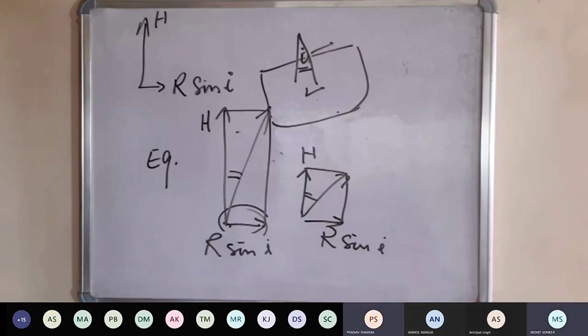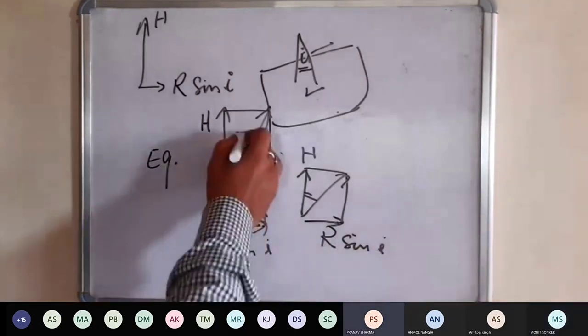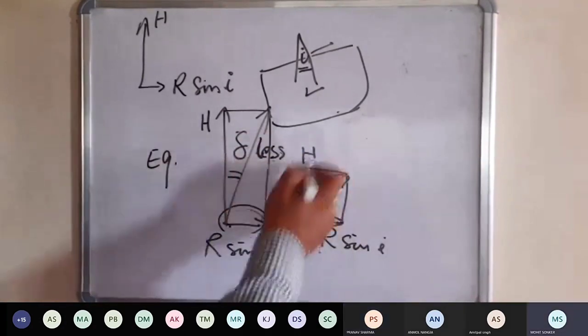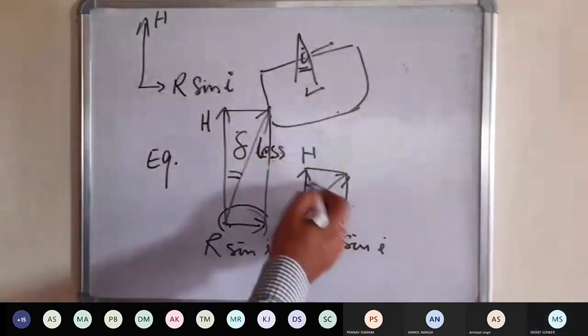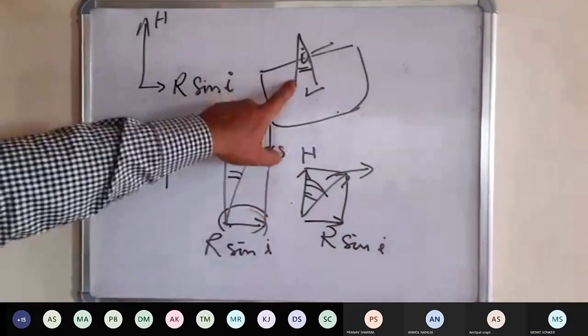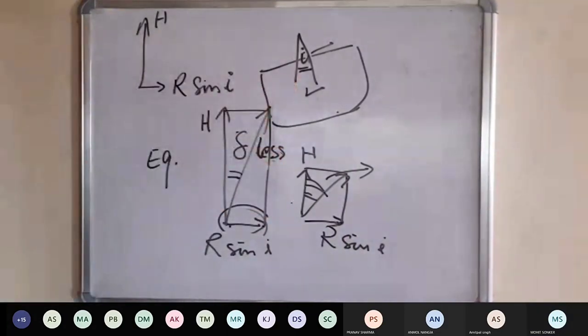Sir, increase in latitude, H inversely proportional to latitude. Yes, sir. Exactly. That means deviation is less here. As we are going up in the latitude, the deviation becomes more and more. More the latitude, more is the deviation for the same amount of angle of heel.